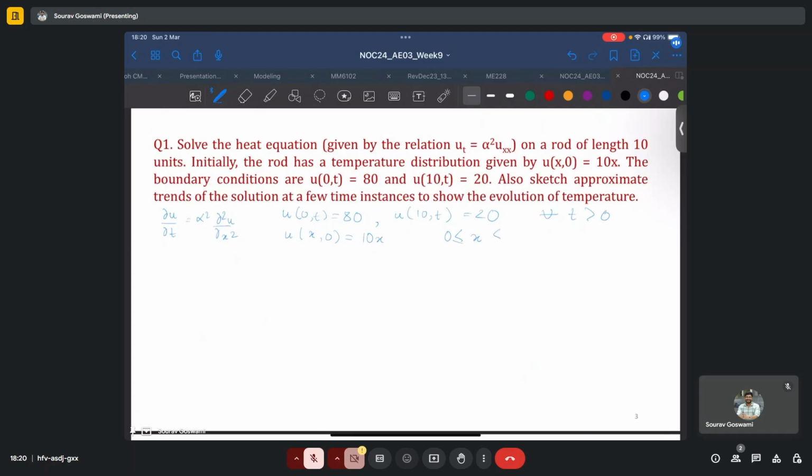So 0 less than or equal to x less than or equal to 10.